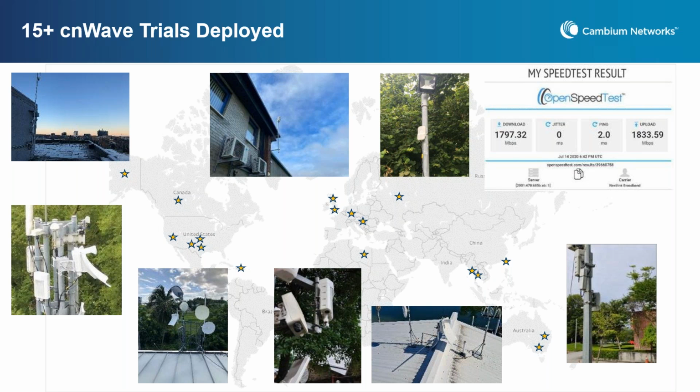With 60 gigahertz, we have done many trials as of today. They are deployed on all continents, from the US to Asia and EMEA. And you can see some of the installation pictures here. The configurations include point-to-point, point-to-multi-point, and also mesh configuration.